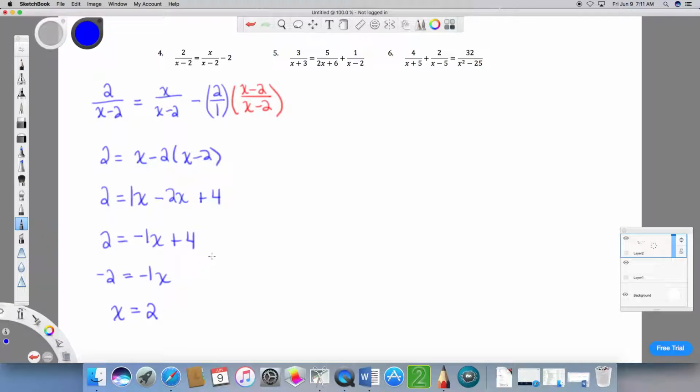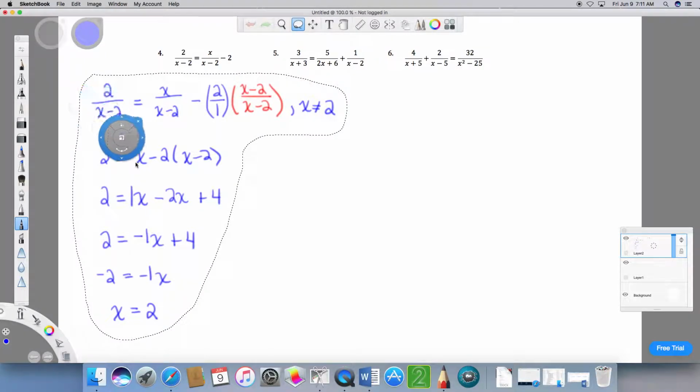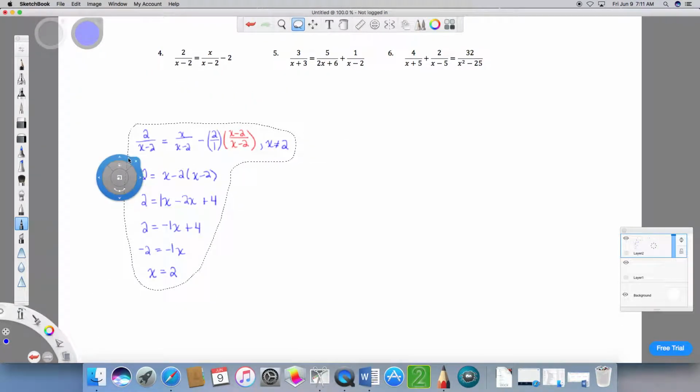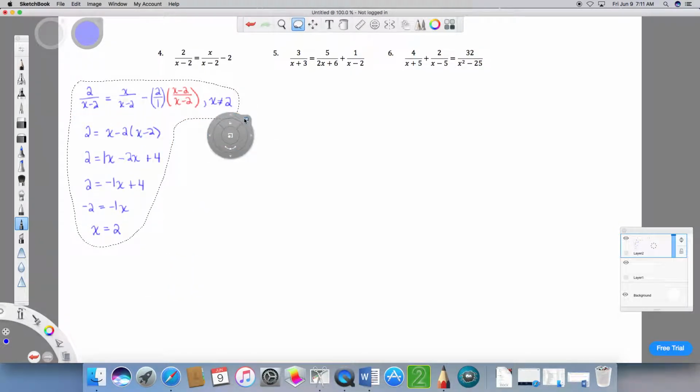Now, it can't be 2 though, because look up here, I should have made the remark that, remember we were talking about division by 0, if x is allowed to equal 2, it would cause that division by 0. There's no way that x equals 2 satisfies this original equation, so we refer to x equals 2 as an extraneous solution. When you multiply both sides of an equation by a variable, you introduce the possibility of adding extra solutions.